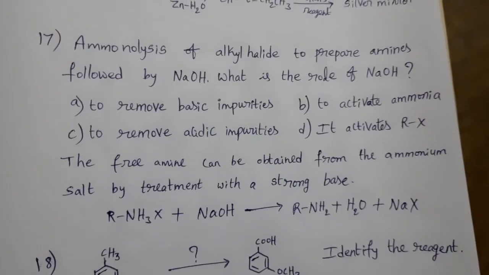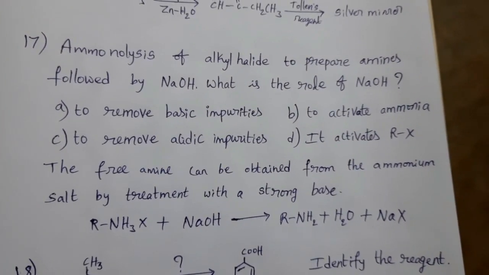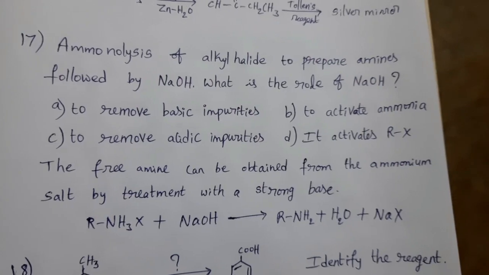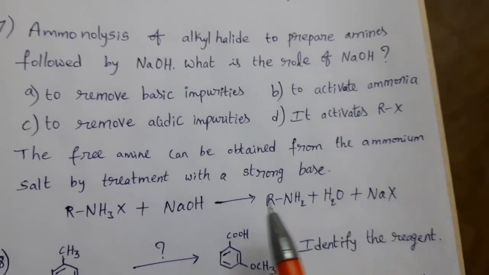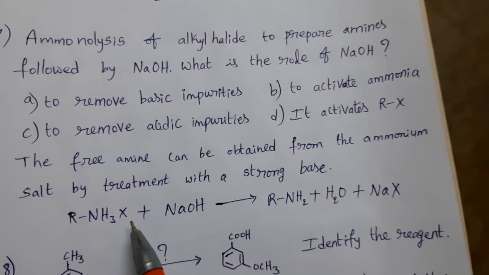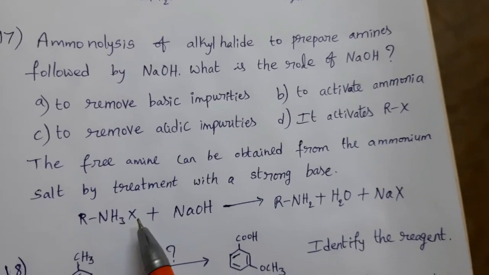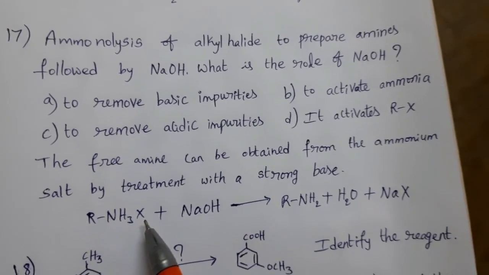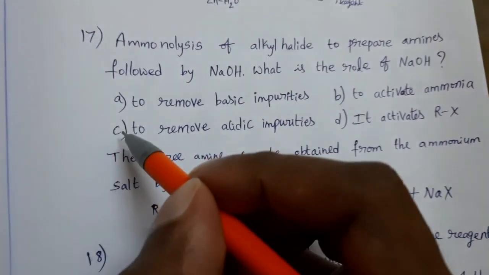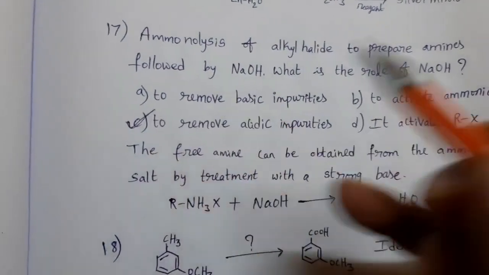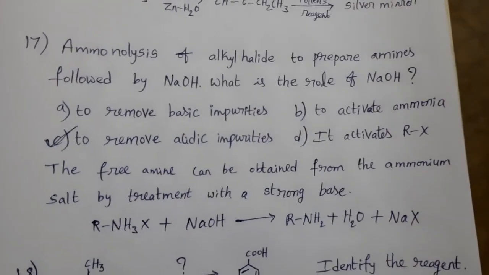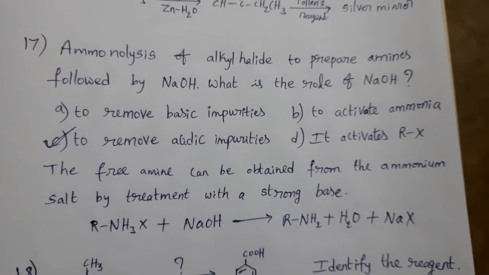So in this way we can get free amine by the action of NaOH in ammonolysis. So here, acidic HCl is removed from this, hydrogen and chlorine both are removed. So the function of NaOH is to remove acidic impurities. Option C is the answer.